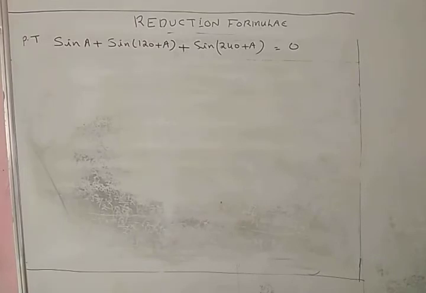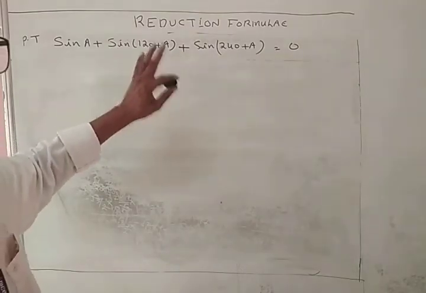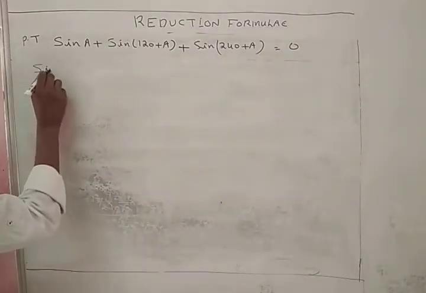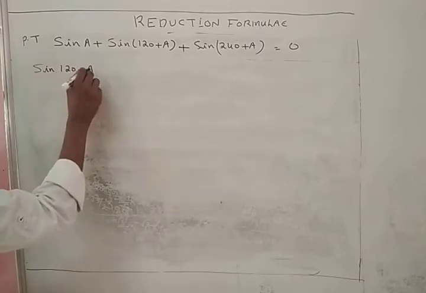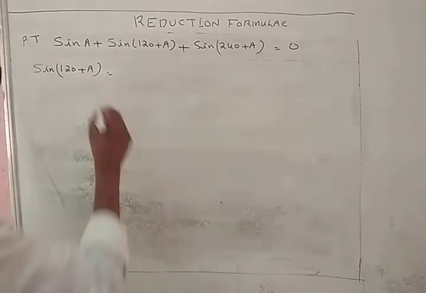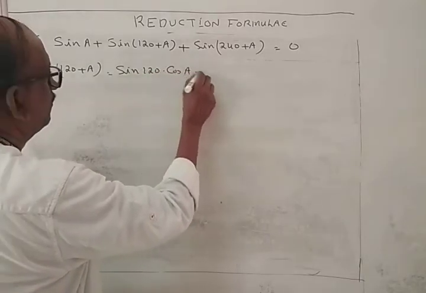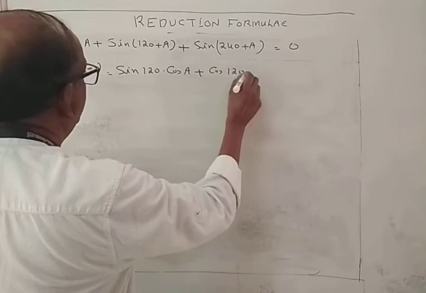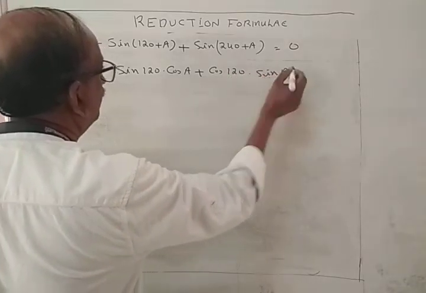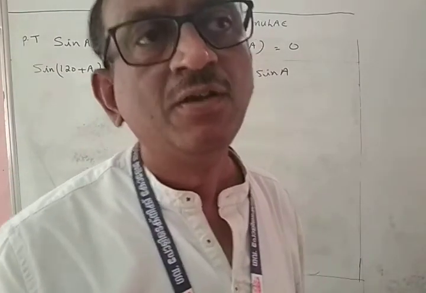Next problem, prove that sin A plus sin 120 plus A plus sin 240 plus A is equal to 0. Here sin 120 plus A is sin A plus B. Sin A plus B is the same as sin A cos B plus cos A sin B. We already proved sin 120 and cos 120.